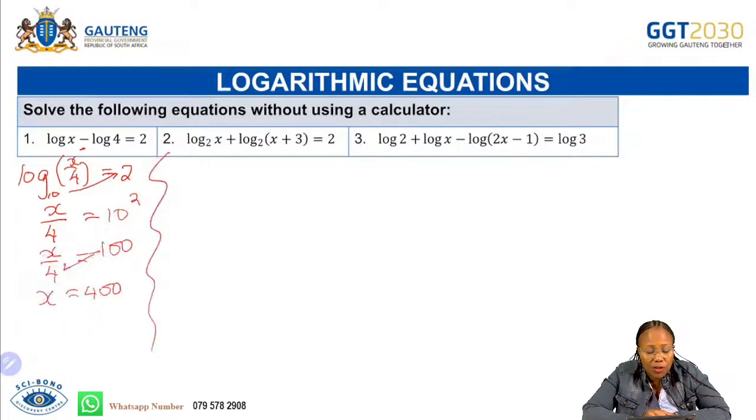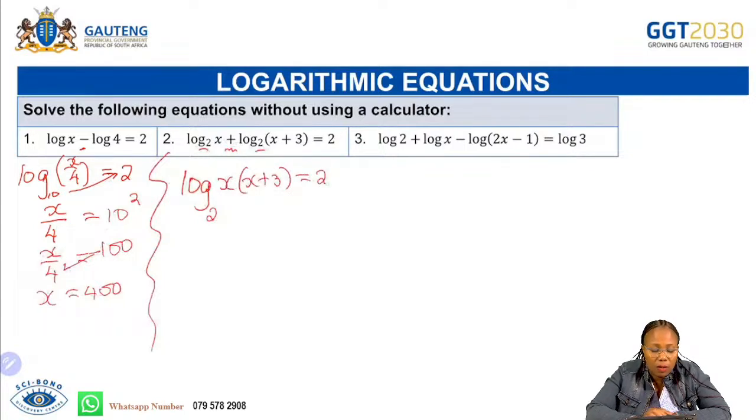Cross multiplication. And then with this one, because it's a plus, it's a multiplication, we are dealing with base 2, then we'll be having the log of base 2. Then it will be x into x plus 3, because we are adding, writing that as a single log. Then it will be log of base 2. We remove the bracket here. It will be x squared plus 3x equal to 2.